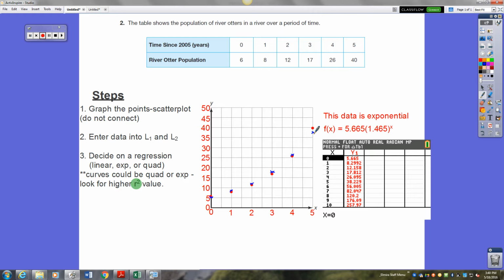All right, so these points represent the function I would use if I wanted to know what the population of river otters is going to be in 10 years. I don't have data that goes out 10 years.